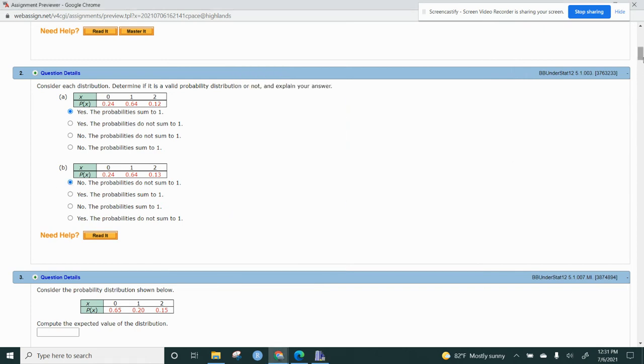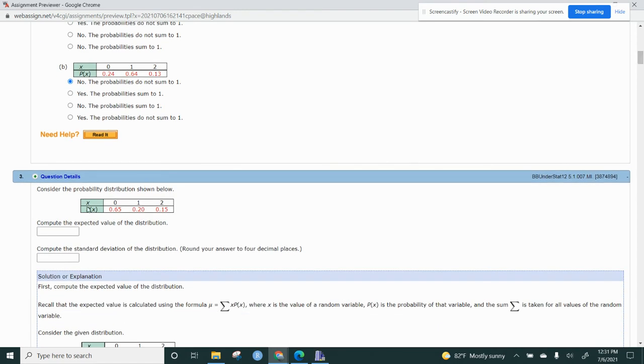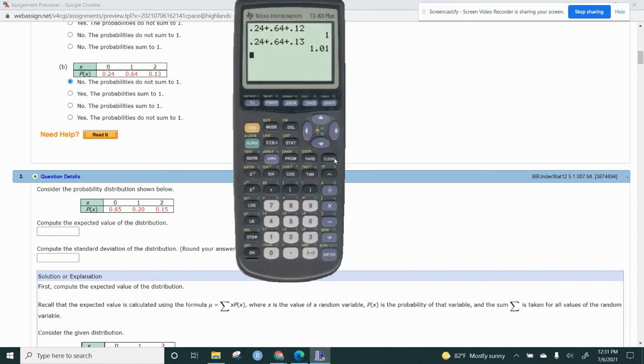Okay, number 3. Compute the expected value, remember, which is the mean, and then compute the standard deviation of the distribution. They give you a wonderful way to see it.